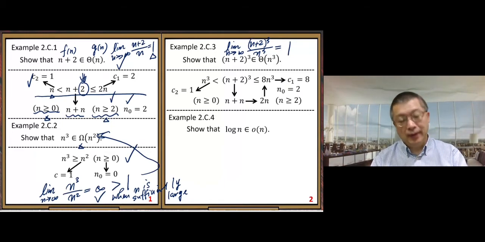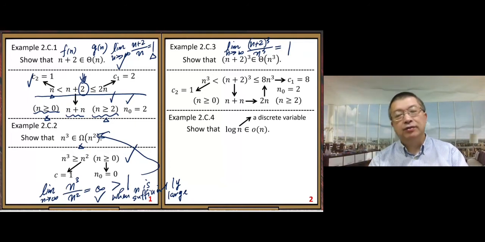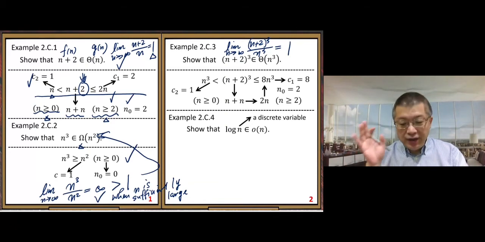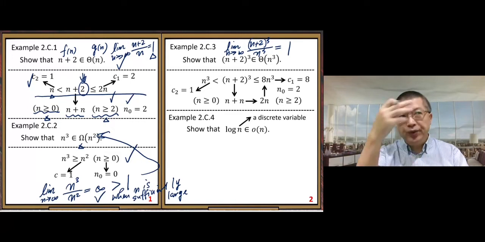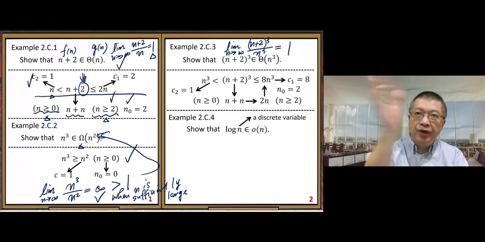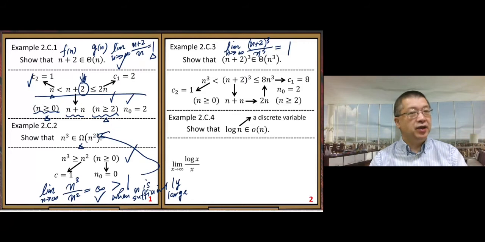But for this case, we may need to use the limit tool, L'Hopital's rule. For L'Hopital's rule, we need to make sure we use a continuous variable. Here, n is a discrete variable, so we need to replace it by a continuous variable. Then we can apply L'Hopital's rule. All right, so let me do it using L'Hopital's rule.